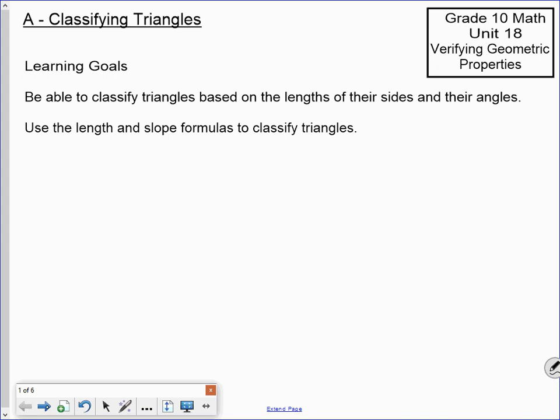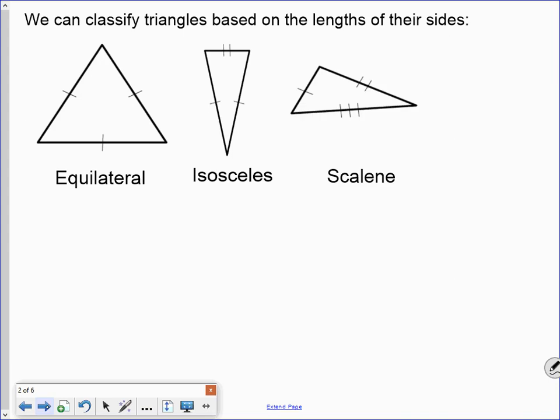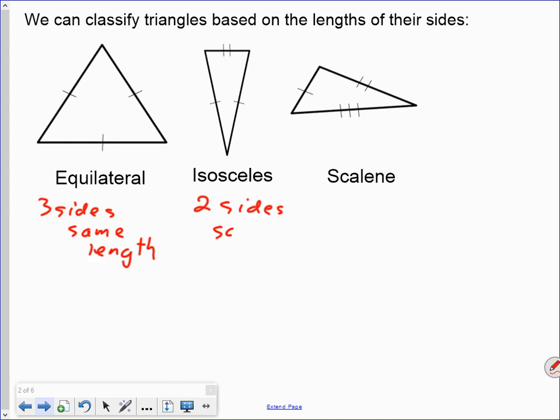Before we get into that, here's how we're going to classify them. We can classify triangles based on the lengths of their sides. We can have an equilateral triangle, where all three sides are the same length. We can have an isosceles triangle, where we have two sides that are the same length.